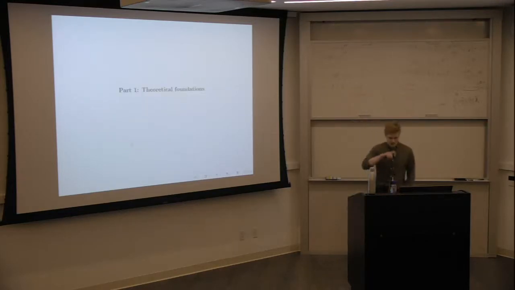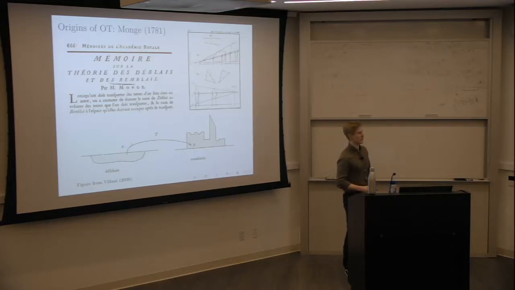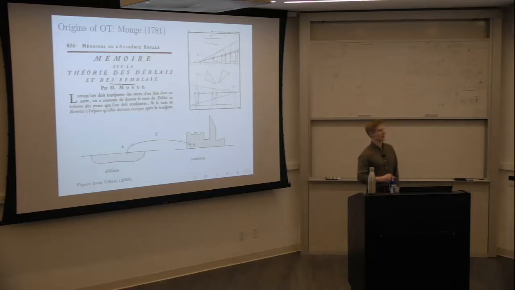All right, so let's look at some of the theoretical foundations first. So arguably the first optimal transport problem was phrased by Monge back in 1781 in his theory of what he called Deblay and Ramblay. And so Monge was interested in mining applications.